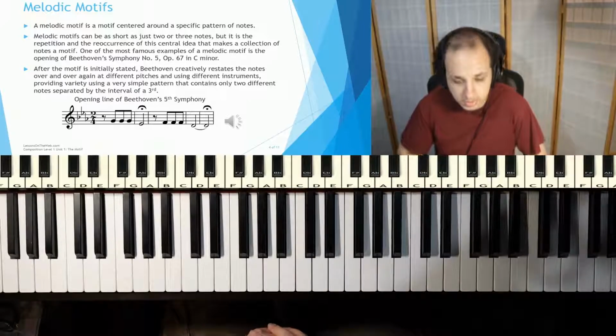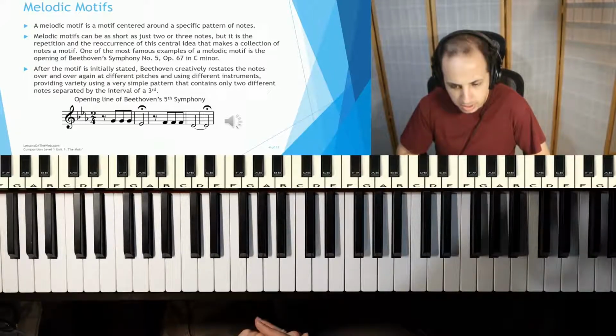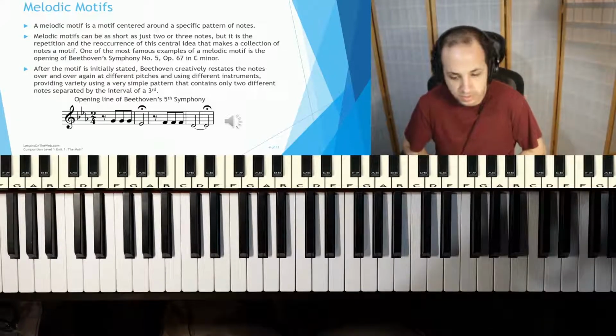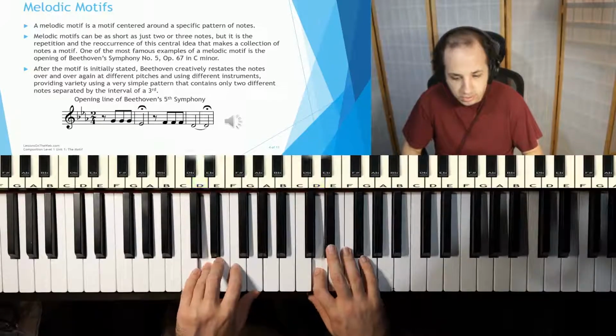So, melodic motives. A melodic motive is a motive centered around a specific pattern of notes. Melodic motives can be short, like two or three notes, but it is the repetition and reoccurrence of the central idea that makes the collection of notes a motive. So, like we talked about in the beginning, that's your motive, really.